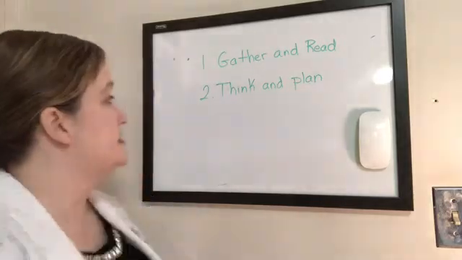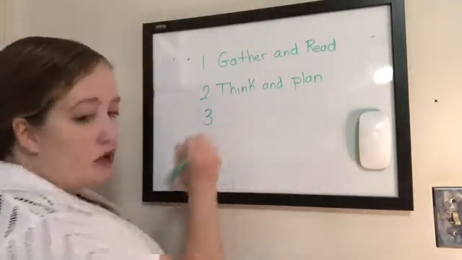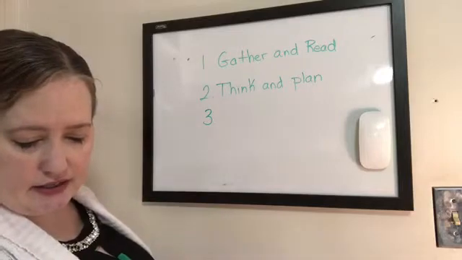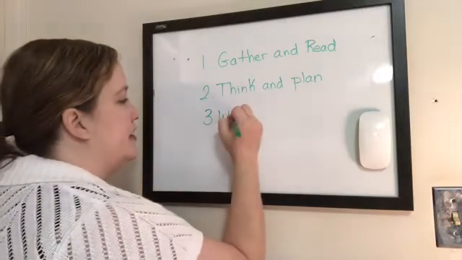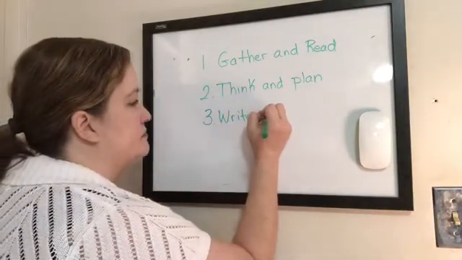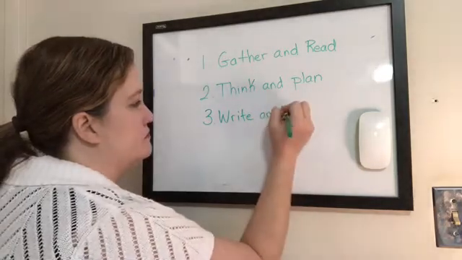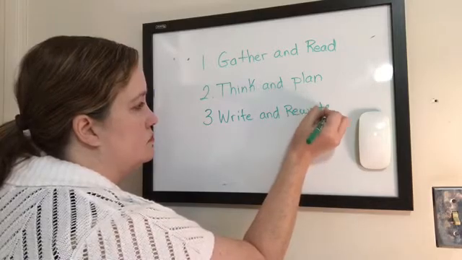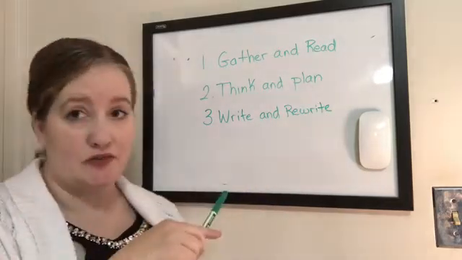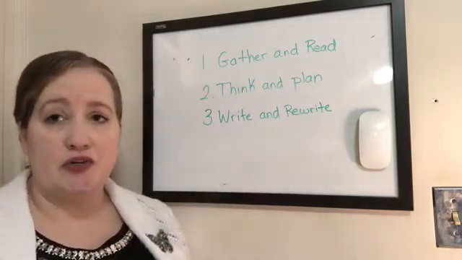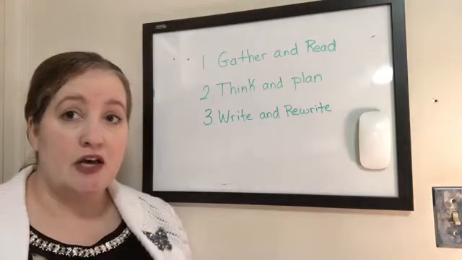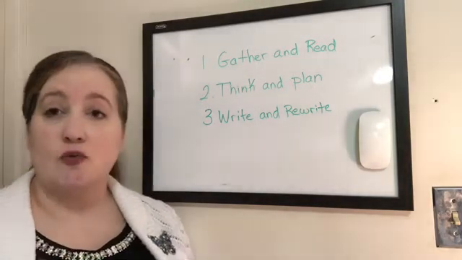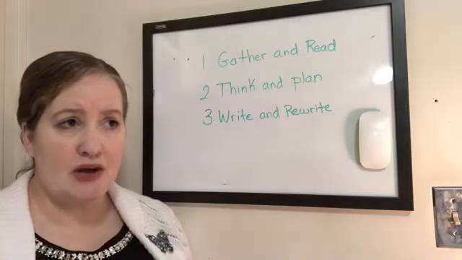The third step in the writing process is write and rewrite. Some people call this the rough draft. And the first one you do is the rough draft. You sit down and you just start writing about your topic.